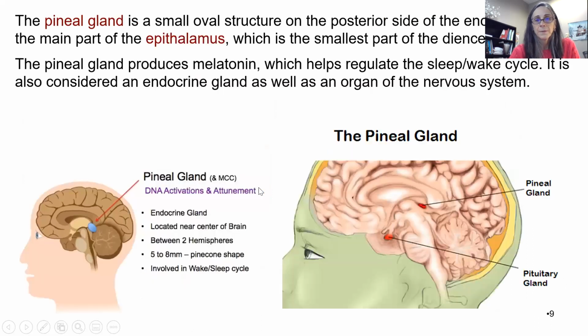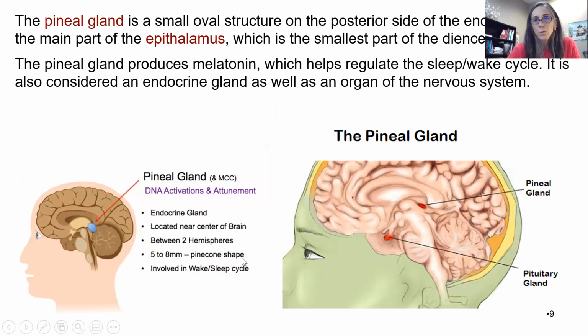So let's see if it lets me go to the next one. As I said before, the pineal gland is small, and it basically produces melatonin. It is an endocrine gland, so it secretes directly into the bloodstream. It is located at the very center of the brain, between the two hemispheres.